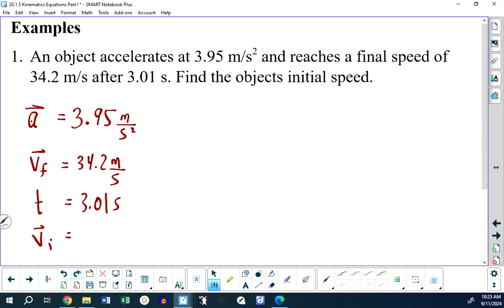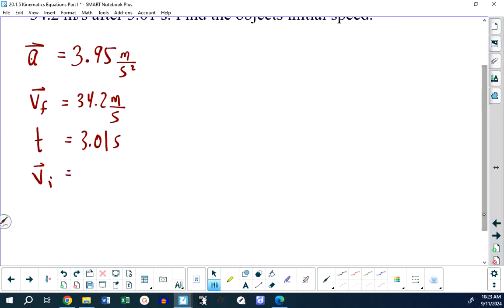It's got to be the formula that has Vf, T, A, and the thing we want to find, which means that since we don't care about D, you're going to pick the formula that does not have D in it.